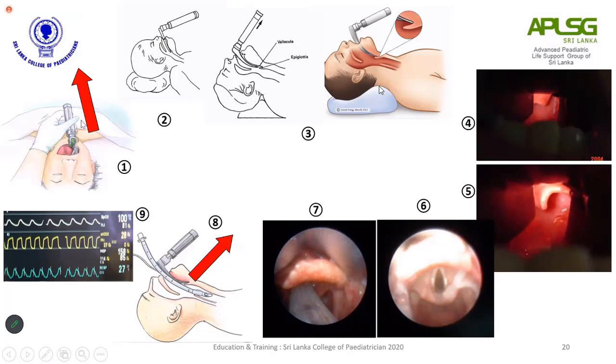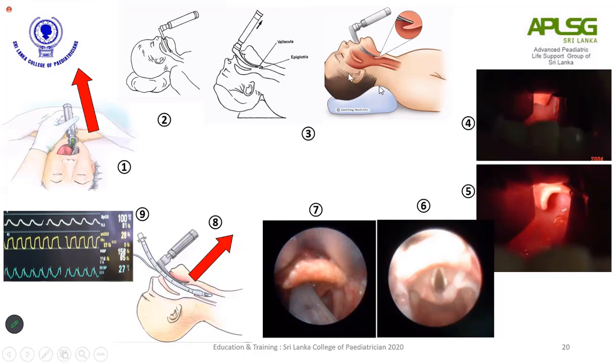And you push the tongue to one side and advance the laryngoscope further down. Once you come to the epiglottis or the vallecular level, you might not visualize the epiglottis and the airway because of the high and anterior larynx in young children.